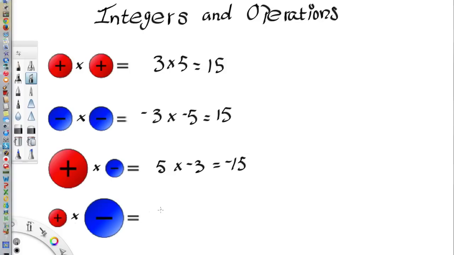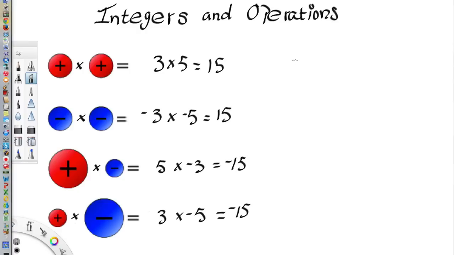If I have a positive 3 and I multiply it by a negative 5, my answer will still be a negative 15, because when I multiply two integers that have different signs, my answer is going to be negative. If my two signs are the same, whether they're both positive or both negative, my answer is going to be positive.